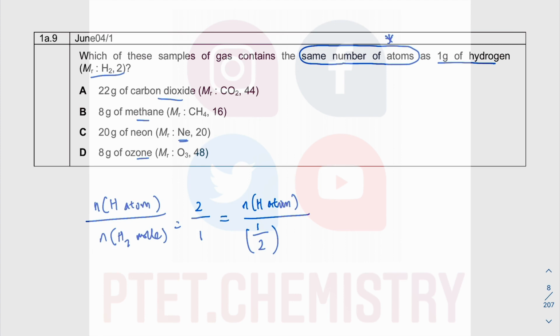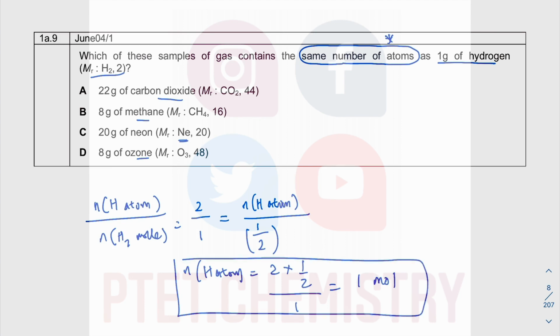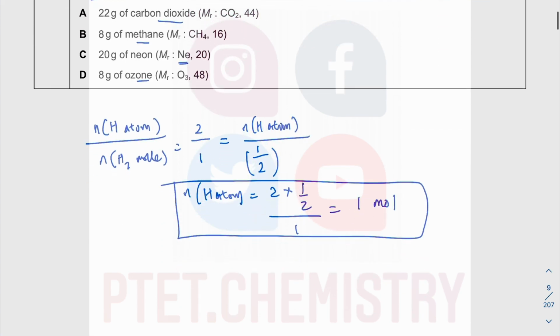Okay, 1 gram over the Mr, because this bottom bit is for the molecule, this top bit is for the atom. So the mole of hydrogen atom is equal to 2 times half over 1 is just 1 mole. So you're looking for 1 mole of atoms, because 1 mole of atoms is all you have in 1 gram of hydrogen molecule. Okay, be careful, atom versus molecule.